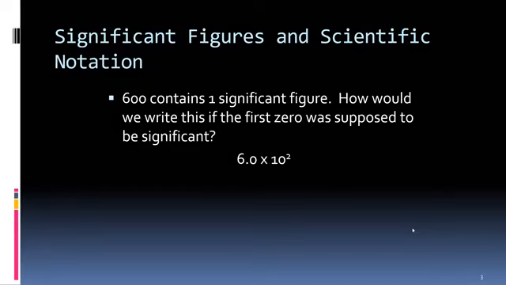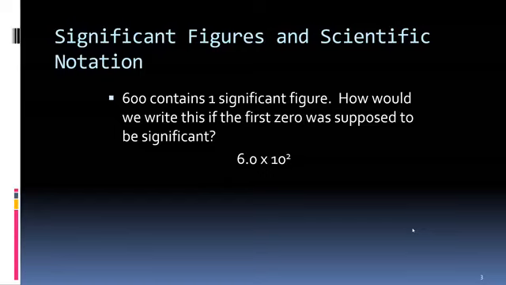For example, if you had 600 and wanted to represent 600 so that it contained two significant figures, i.e. the first zero, but not the second in 600, would be significant, the only way to write that would be to write 600 in scientific notation.